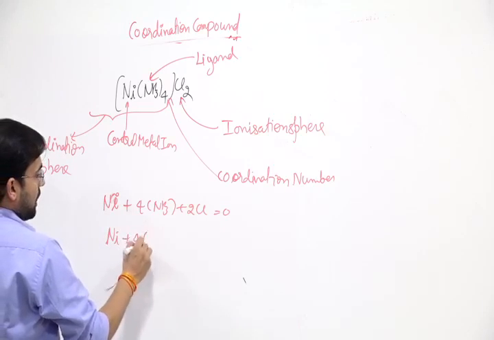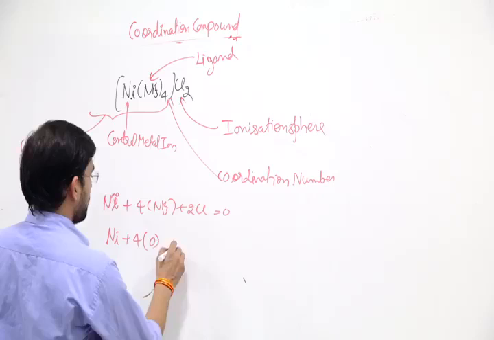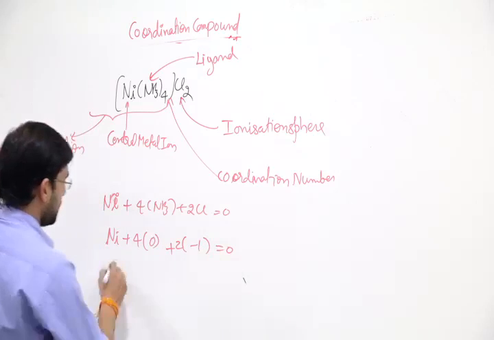Ni plus 4 ammonia is 0, plus 2 minus 1 equals 0.